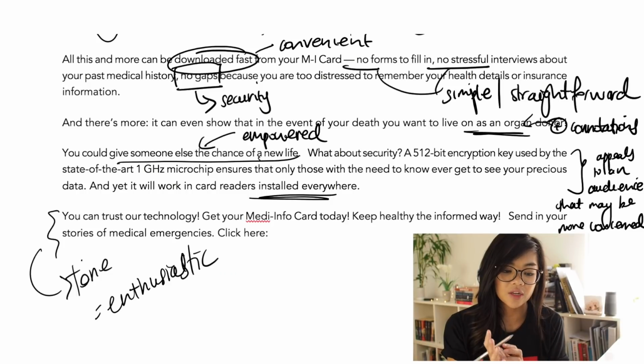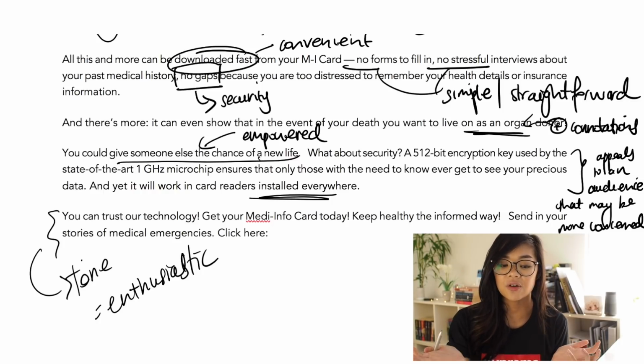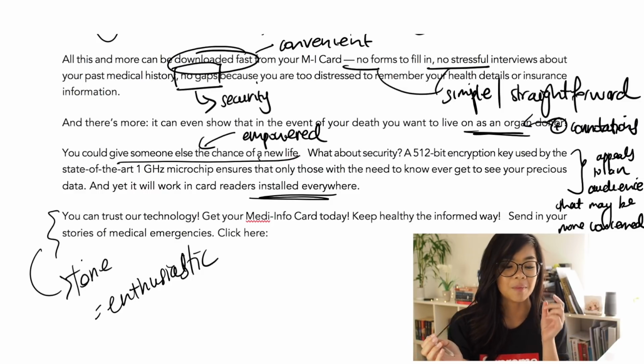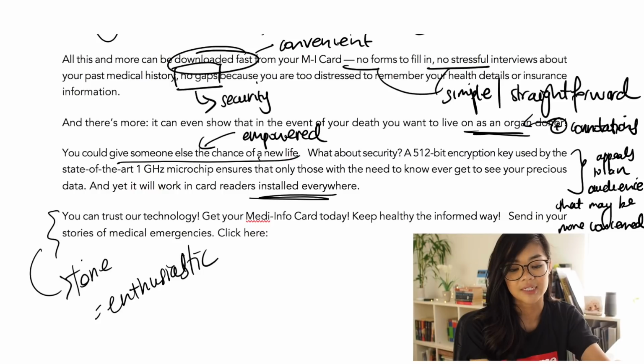All this and more can be downloaded fast from your MI card. No forms to fill in, no stressful interviews about your medical history, no gaps because you're too stressed to remember your health details or insurance information. Okay, so this idea that it can be downloaded fast is again convenient. It's not going to take up too much of your time. It's going to be really quick as well.